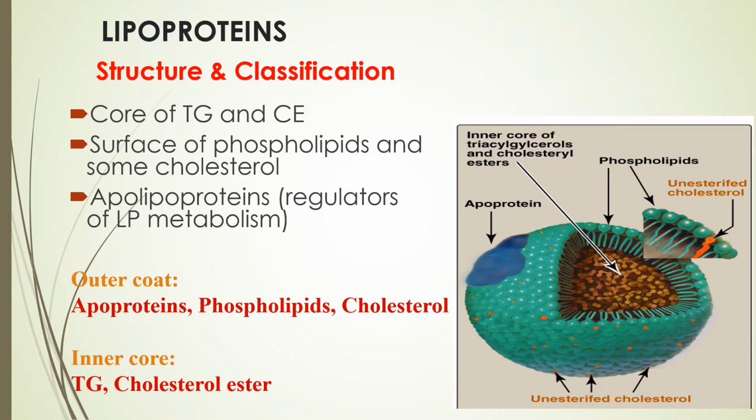For the structure and classification of lipoproteins, and as depicted from the figure shown, lipoproteins are formed of a core of triglycerides and cholesterol esters, which are non-polar hydrophobic. So they are present in the core.